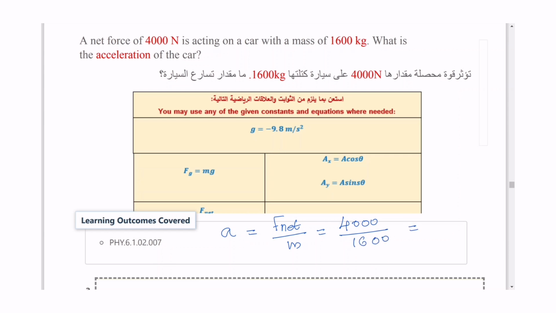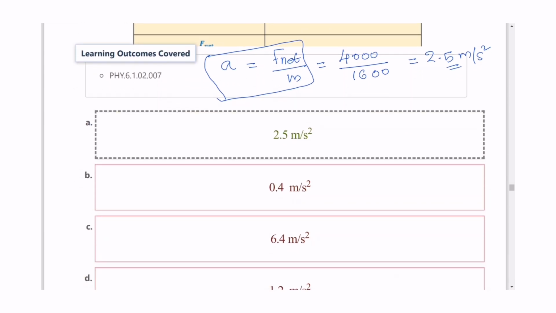So 4000 divided by 1600 equals 2.5. 2.5 meter per second squared is the value of acceleration. So if net force is given and you want to calculate acceleration, use Newton's second law: acceleration equals net force over mass of the object.